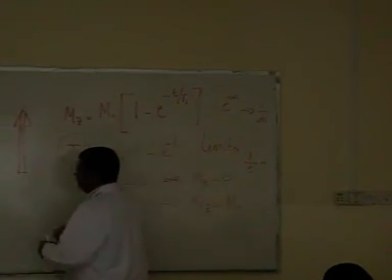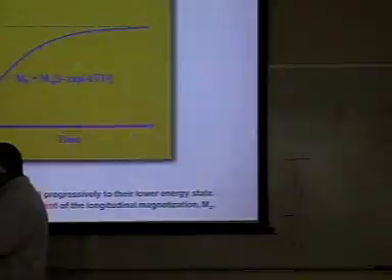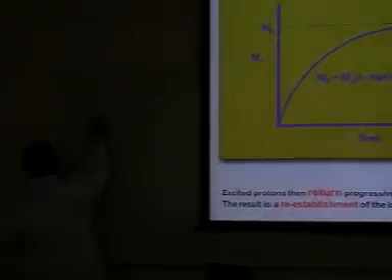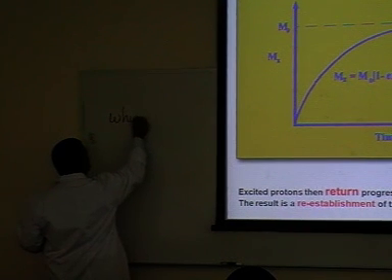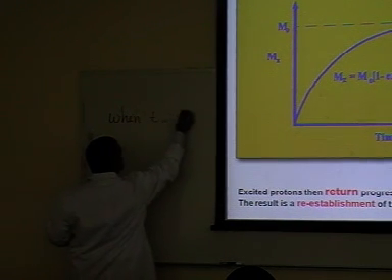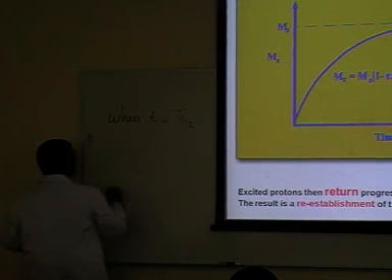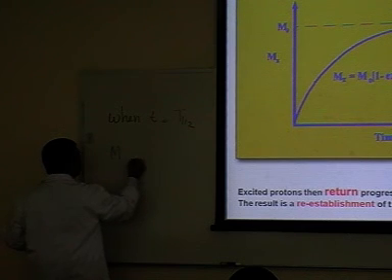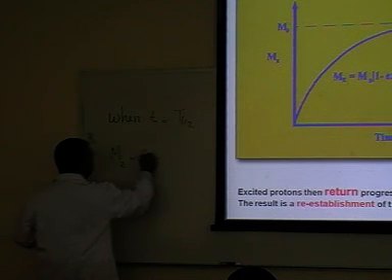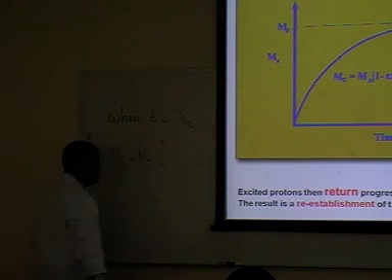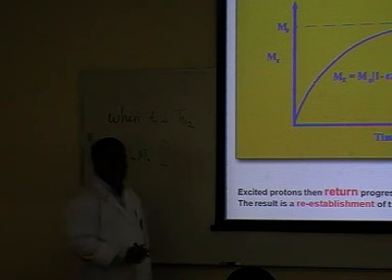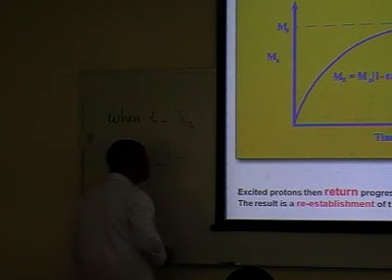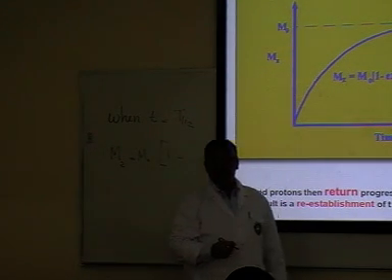So that means, let me go to this side here. So that means when t is equal to T1, then I have Mz is equal to M0 multiplied by 1 minus, what's 1 over e? 1 over e?